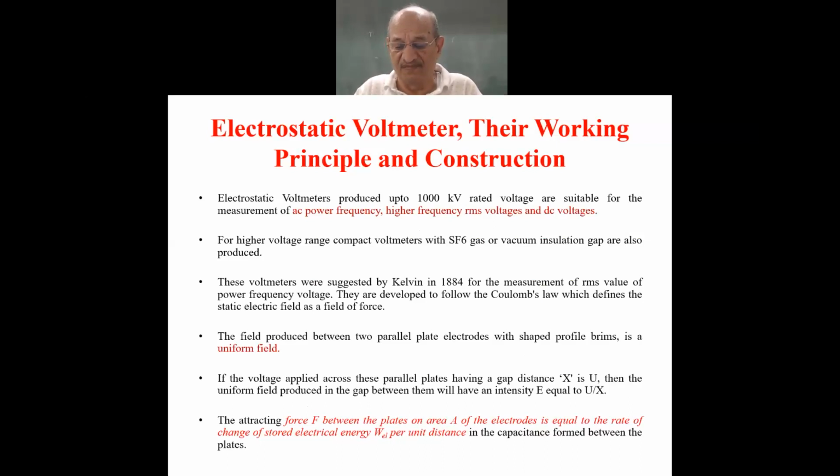U by d we have learned earlier, isn't it? In a uniform field, the electric field intensity is U by d, the voltage applied between the two electrodes divided by the gap distance. So this will be U by X in this case, as we can conclude.